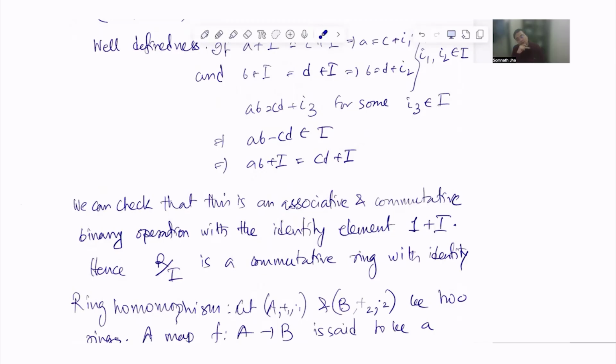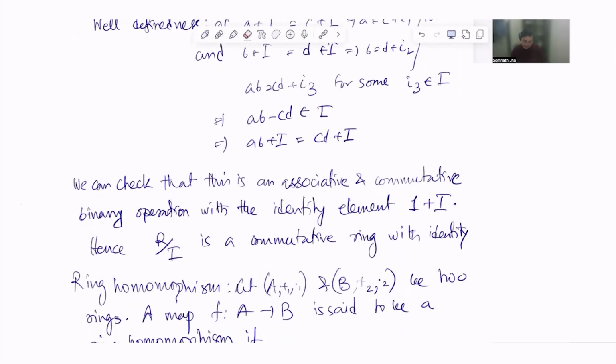So again, like group homomorphism, if you have two rings, let's say A with a binary operation plus 1, and dot 1, another multiplicative binary operation with respect to which this is a ring.